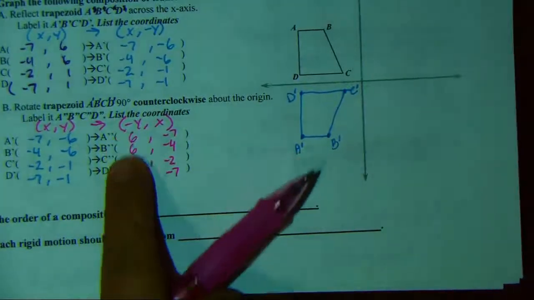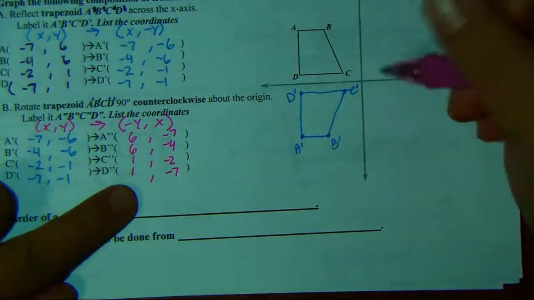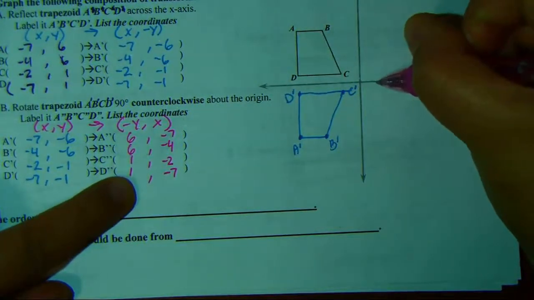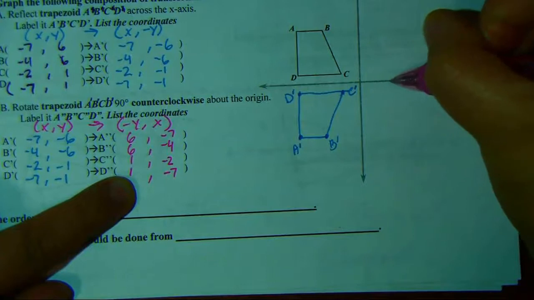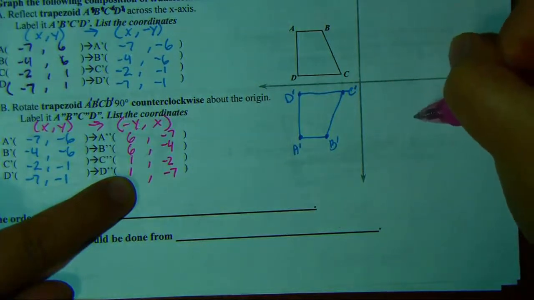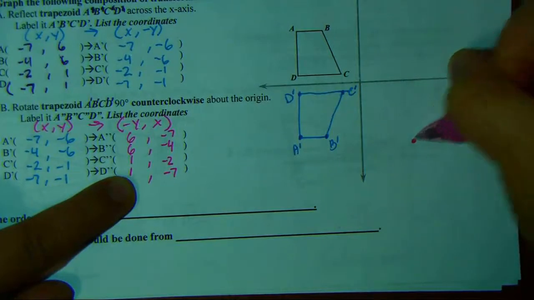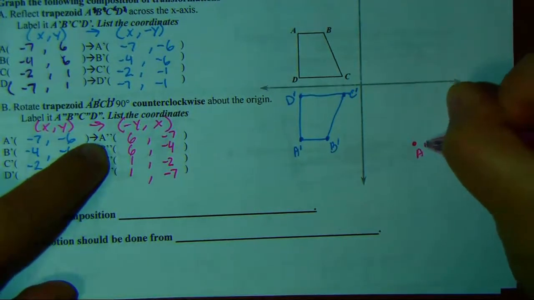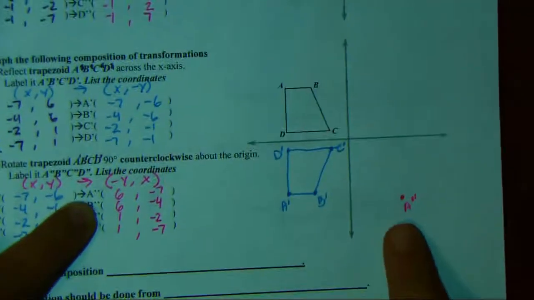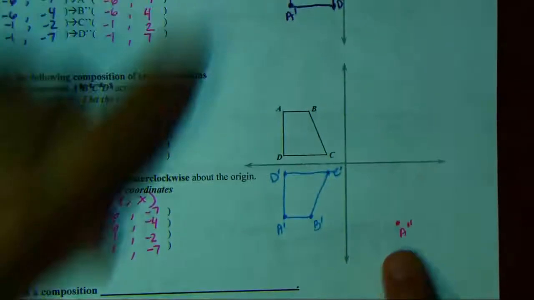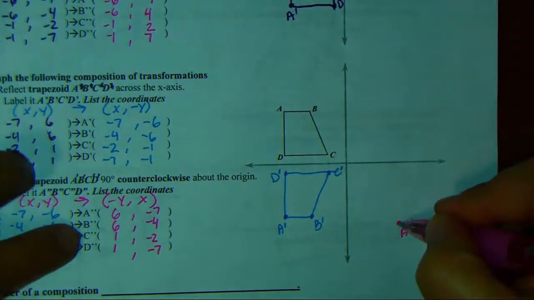Notice the x's are now positive. So this is going to end up being at (6, -7). So 2, 4, 6, and then -7. 2, 4, 6, 7 down. This is going to be my A double prime. Oh boy. I'm already in a quadrant I wasn't in before, right? So that's A double prime.